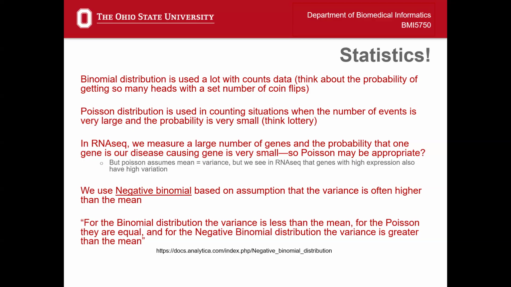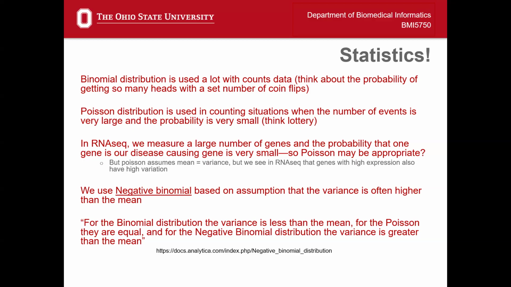There's another distribution called the Poisson distribution, and this is used in situations also dealing with counting, but when the number of events are very large and the probability that what you want to happen is going to be very small. So a lot of events are happening, but the probability that you're going to get the winning lottery ticket is very small. So we would model that type of distribution with a Poisson approach.